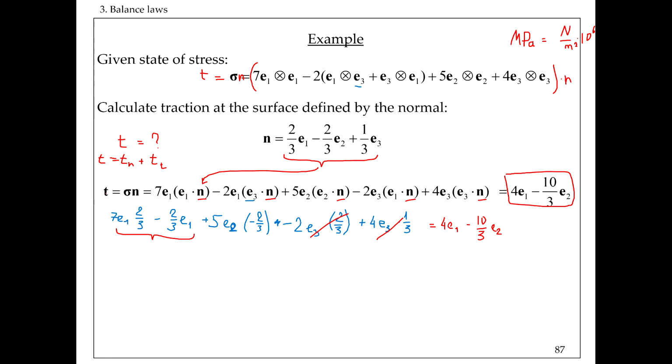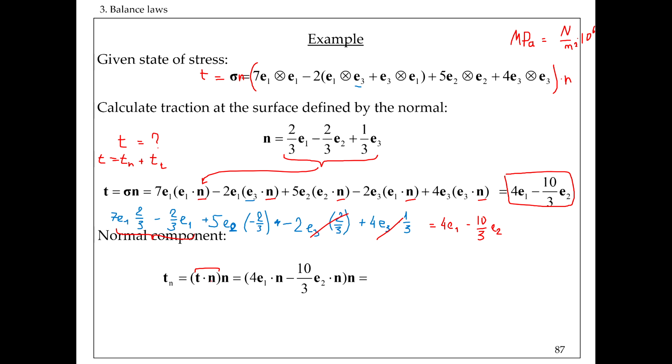And so that would give us the magnitude if we calculate the projection by multiplying with the dot vector n. But if we want to make it a vector again, we multiply it with the unit vector n. So the normal component will be the projection of t on n, the component in the n direction, which is a scalar.